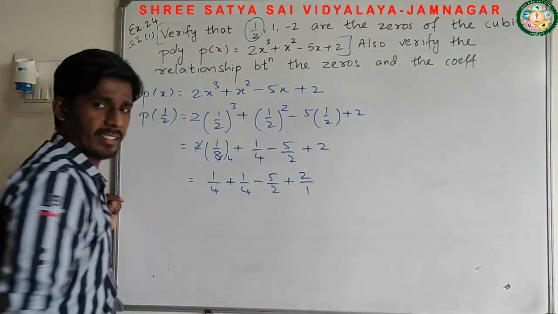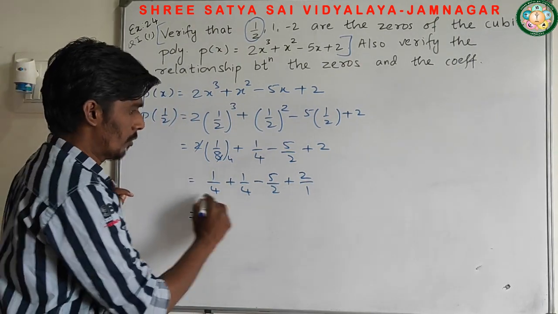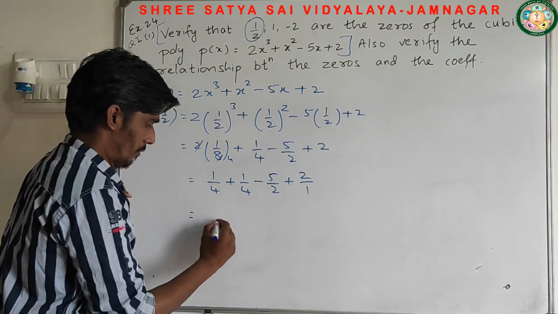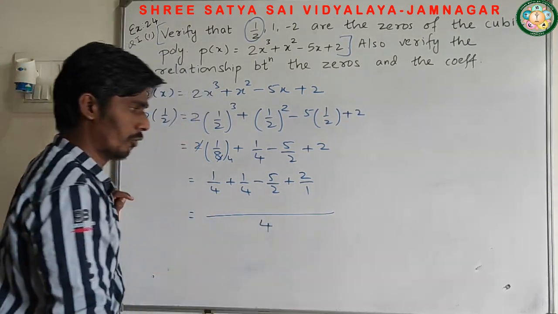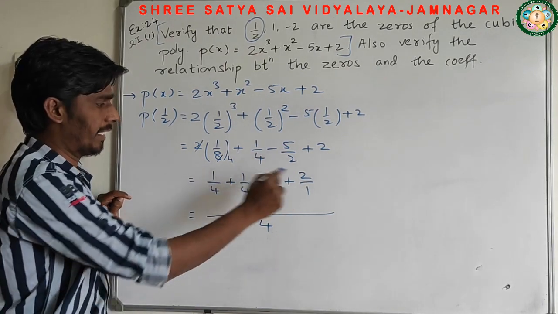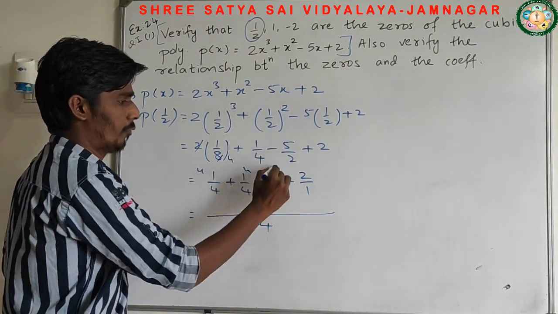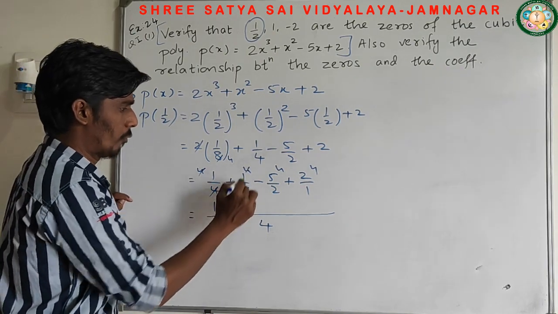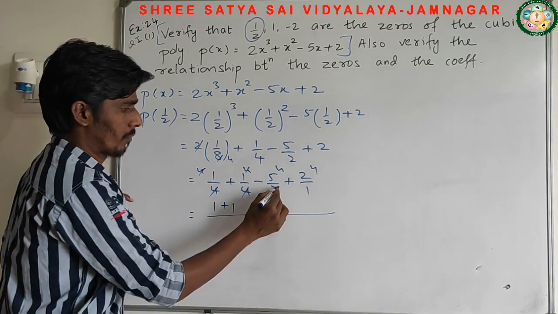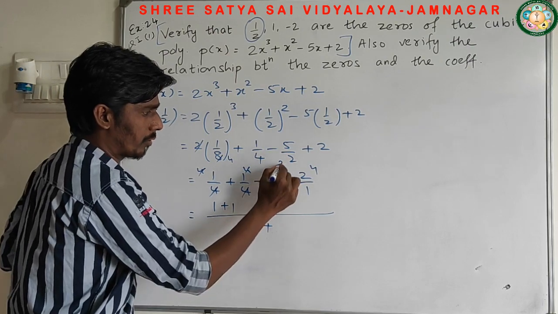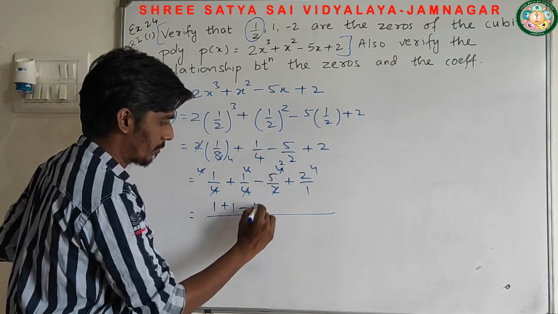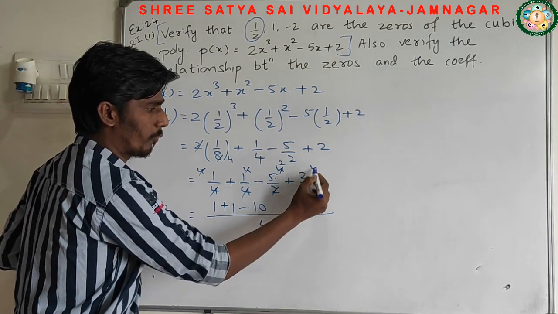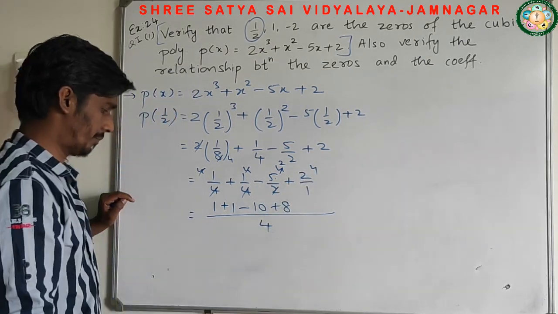If nothing is there, we can take it as 1. What is the LCM of 4, 4, 2, 1? It's 4 only. Assume that 4 will multiply each and every fraction. 4, 4 cancel, so 1. 4, 4 get cancelled, 1. 2 will cancel for how many times? 2 times. 2 5s are minus 10. 1 4s are, so 2 into 4 is what? 8.